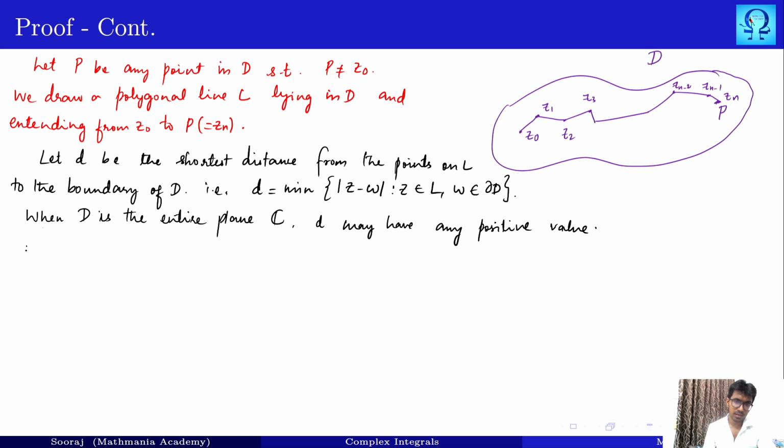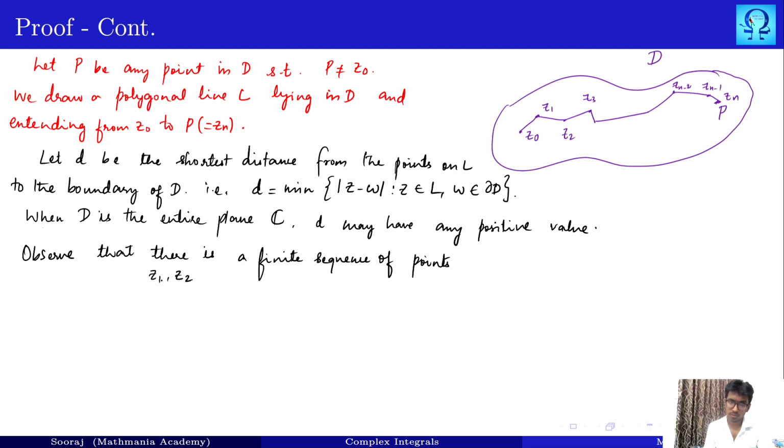Okay, next we observe that there is a finite sequence of points, starting from z0, z1, z2, etc. till zn minus 1, zn along the line L, such that zn coincides with p.